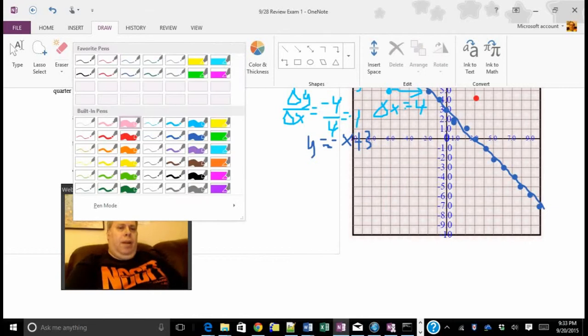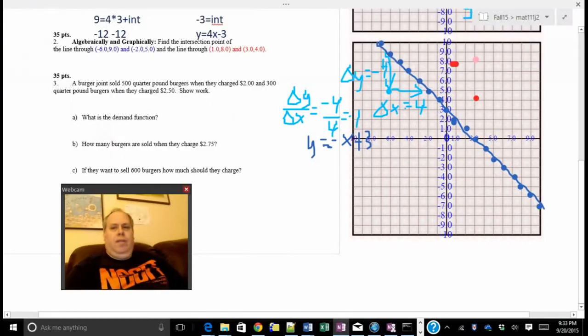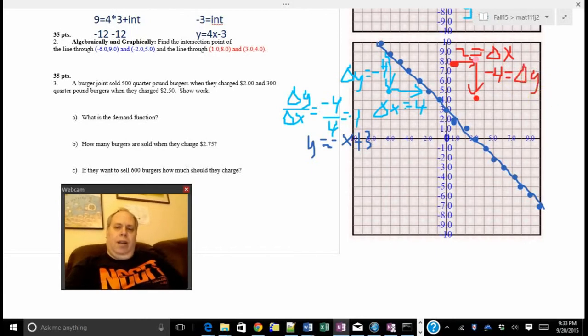So we're going to go over here. That's 2 equals delta x, because x increased by 2. And this went -4 equals delta y, because y decreased by 4.